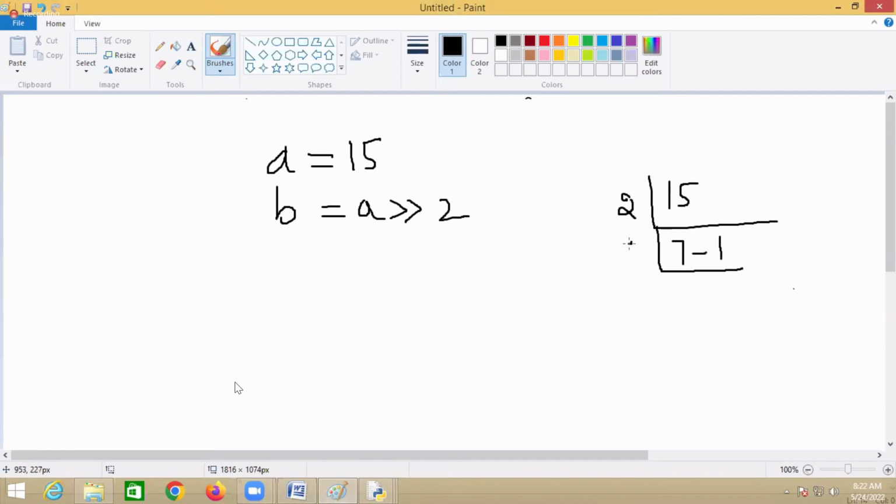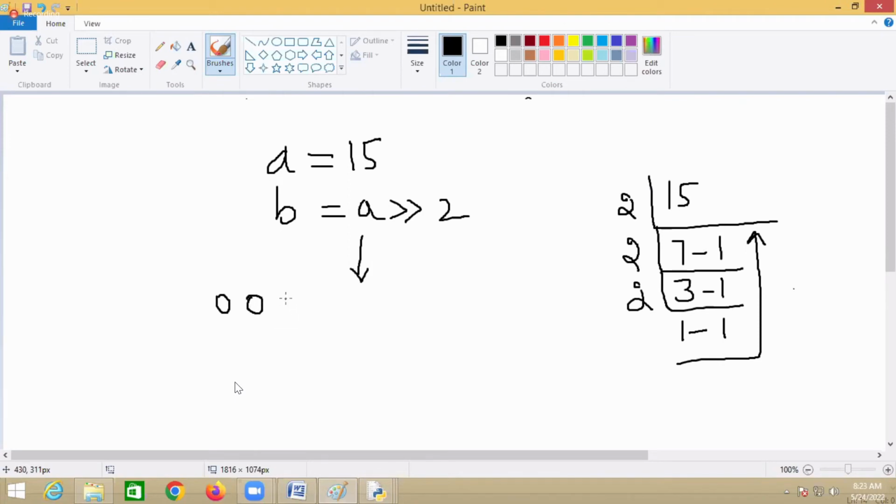Then 7 divided by 2 is 3 times, remainder 1. Then 3 divided by 2 is 1 time, remainder 1, and the last quotient 1 gives 1. So the binary equivalent of 15 is 1111.